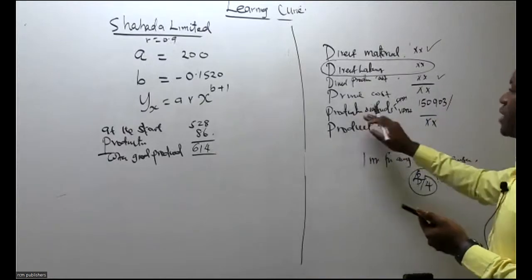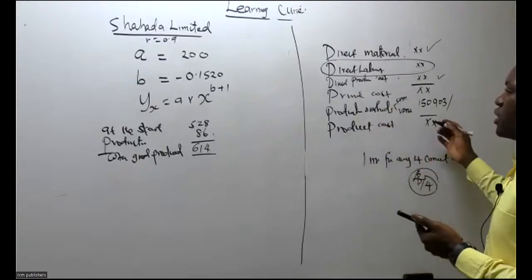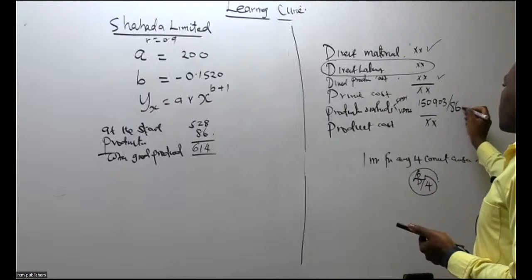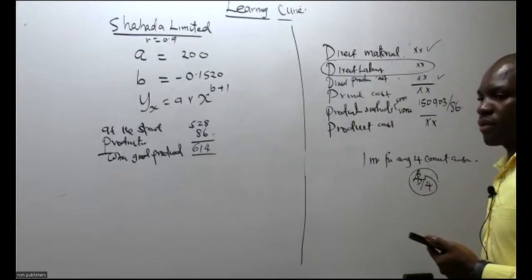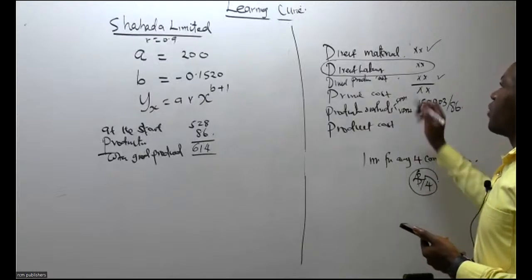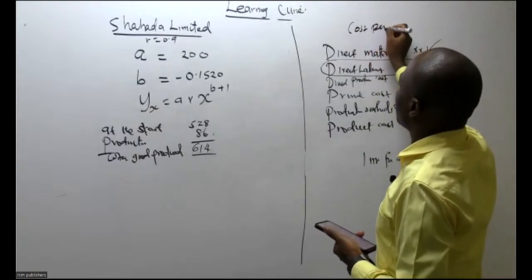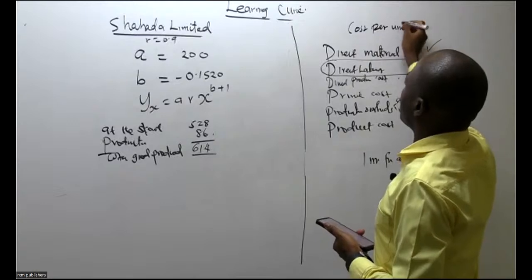But these overheads depend on the units of output, which in that particular period is equivalent to 86. Is it? That's what we need to get for us to have cost per unit.